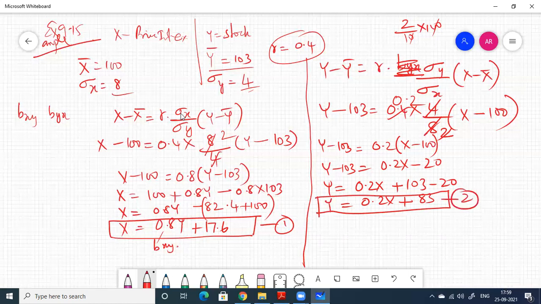So what are the two regression equations he asked for? Both the regression equation lines are obtained now, S on P and P on S. That's all you have to do. This is P on S. This is S on P. How do you know?